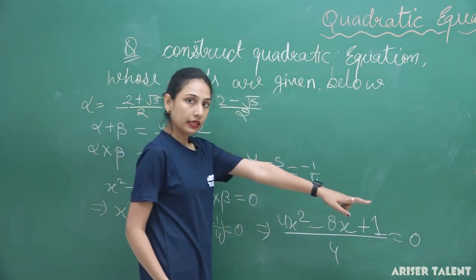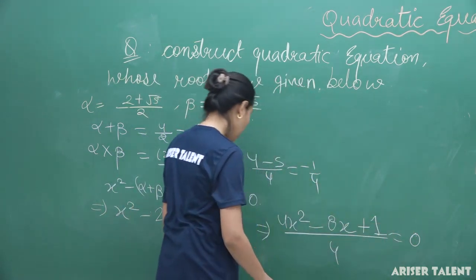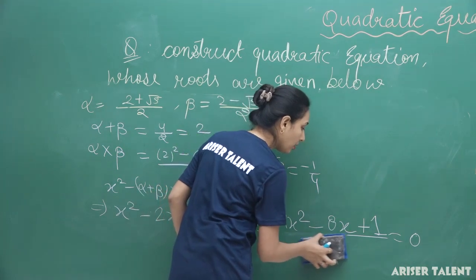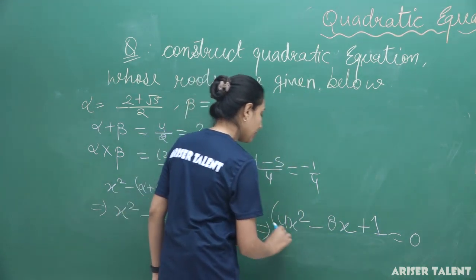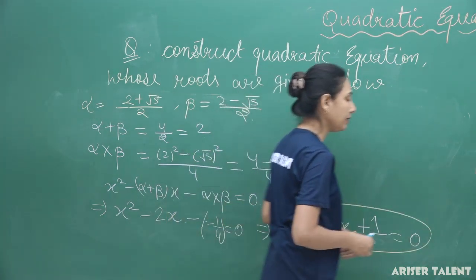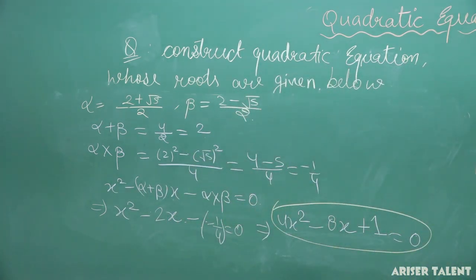Now this 4 will be transposed to the other side, so there is no need to write the 4 here, okay. So that will be the equation, okay, note it. Noted, okay.